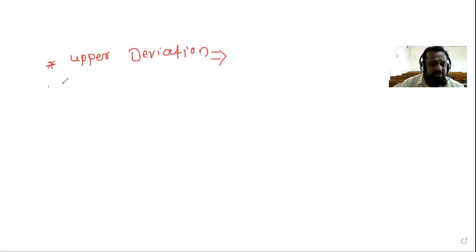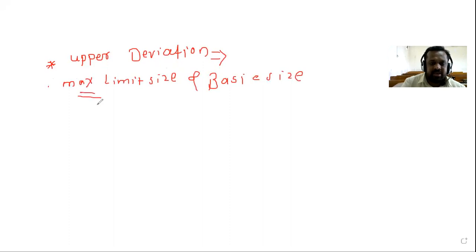It is the algebraic difference between the maximum limit size and the basic size. So, maximum limit size minus basic size.